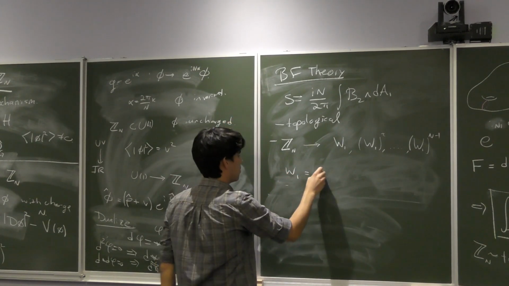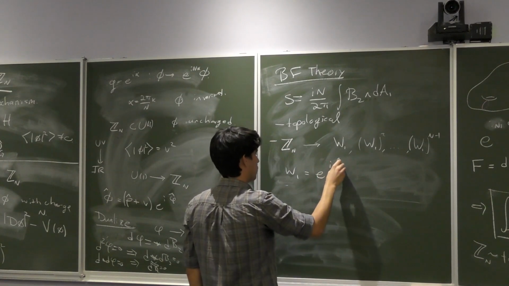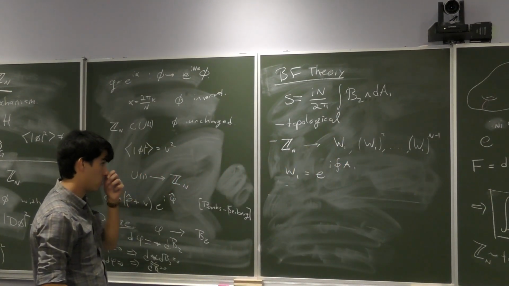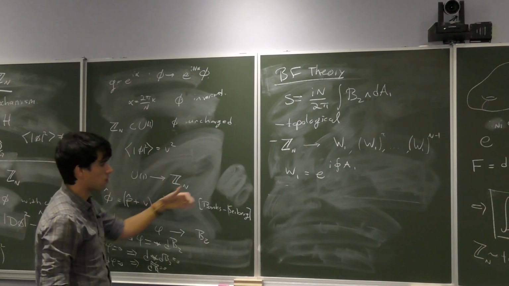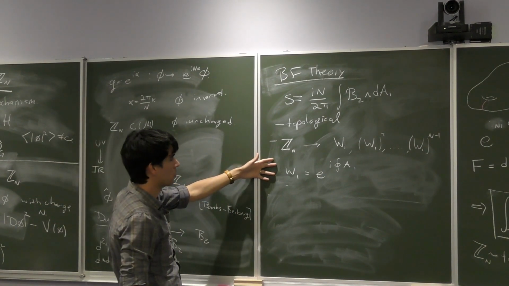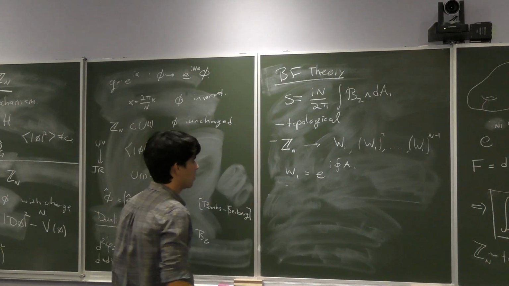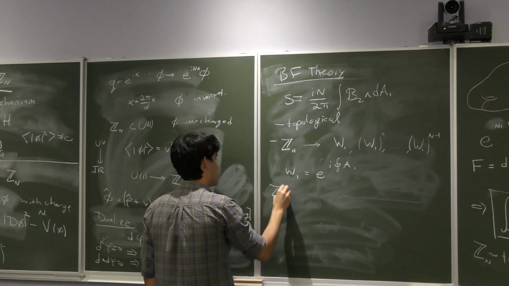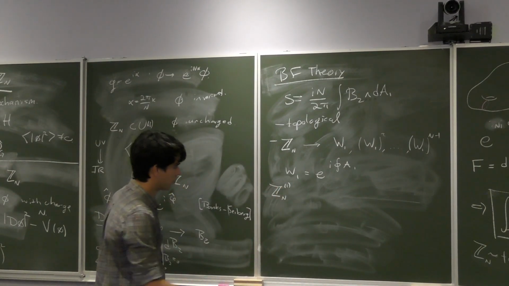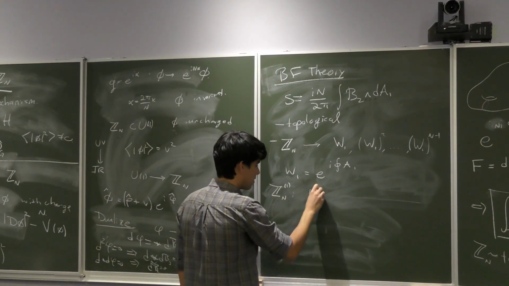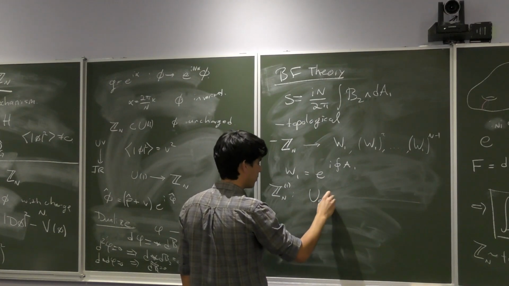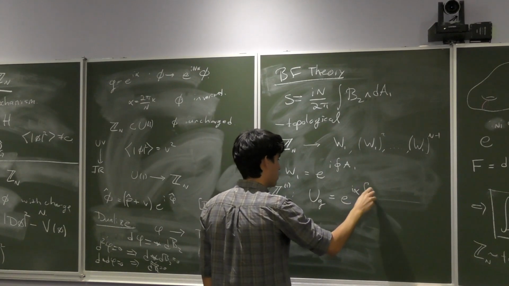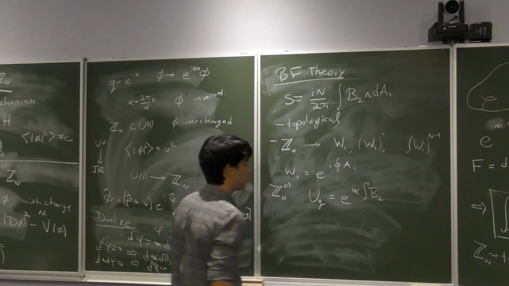The way to see that there's only n of these is that there's actually a Zn one-form symmetry. And here the symmetry defect operator is what looks like sort of a Wilson line for B2.